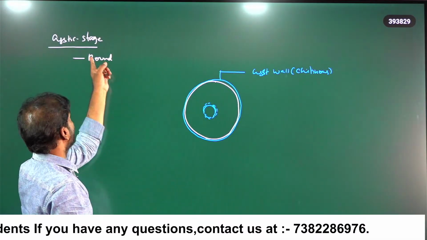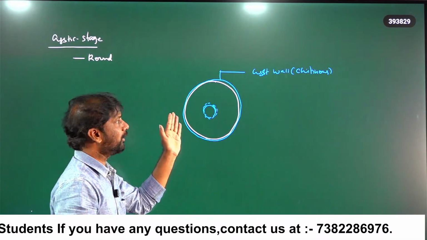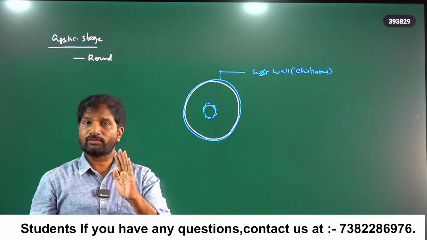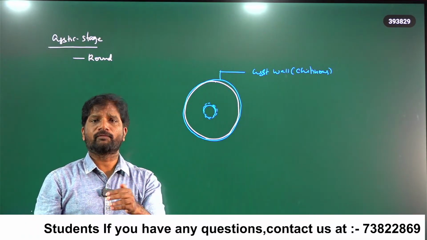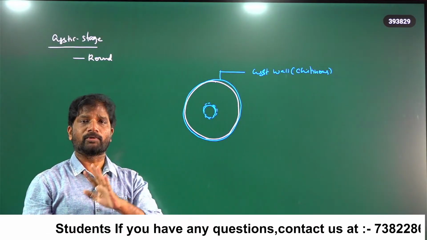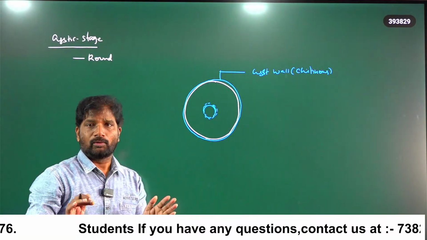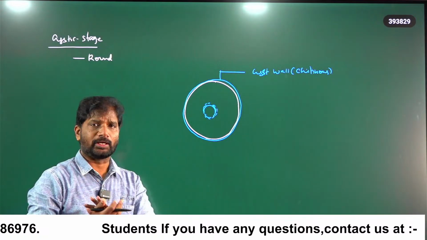The cystic stage is round in shape, and the cyst wall is made of chitinous material. This cyst wall prevents dissolution by the trypsin enzyme from the host, and it is useful for overcoming unfavorable conditions.